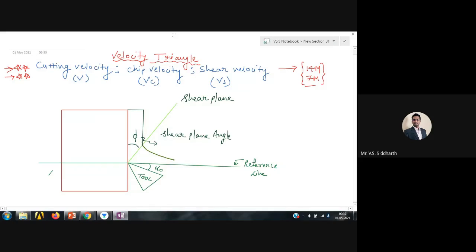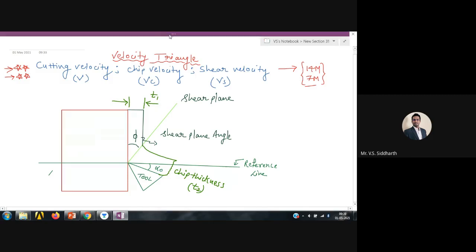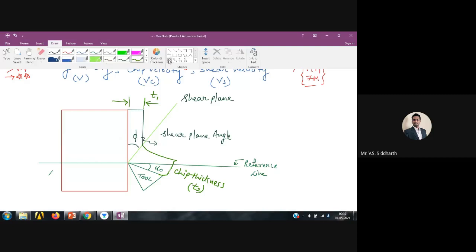And this is the chip thickness, which is T2. So this is the chip thickness, T2, and this one is the uncut chip thickness, which is T1.